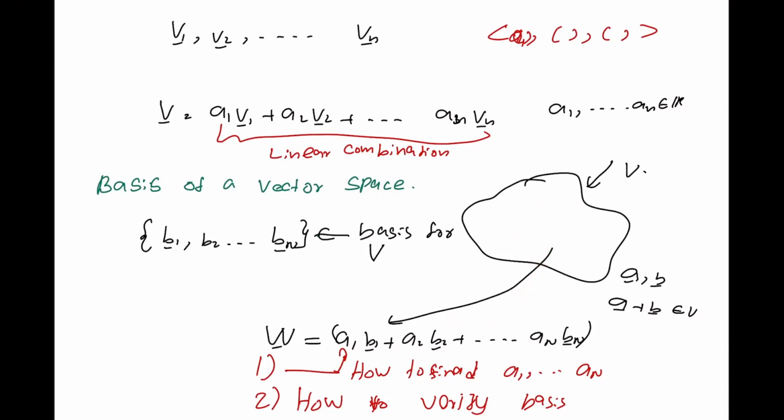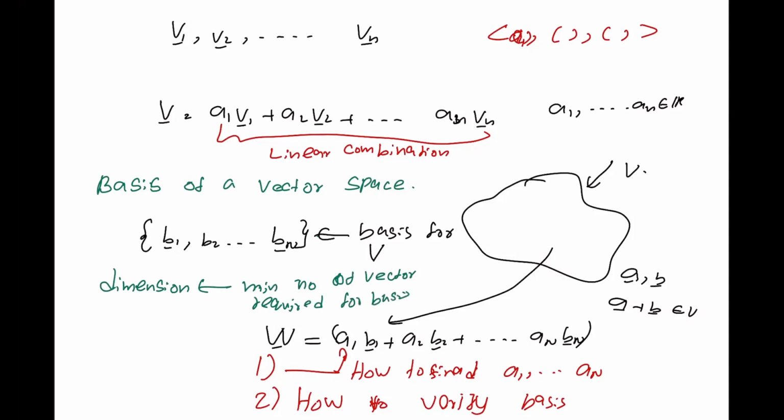There's also another idea called the dimension. This is the minimum number of vectors required for a basis.